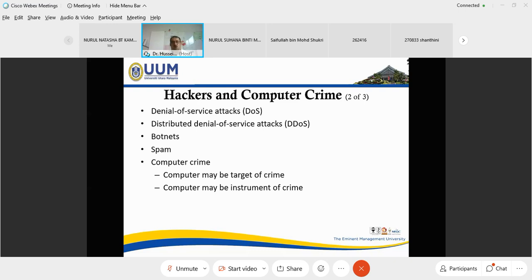What's a computer crime? Computer crime is when you use a computer to commit a crime, to do violence, to hack something, or to take information from another place, which is not allowed. So the computer could be the target of a crime. At the same time, it could be a tool or instrument of a crime.